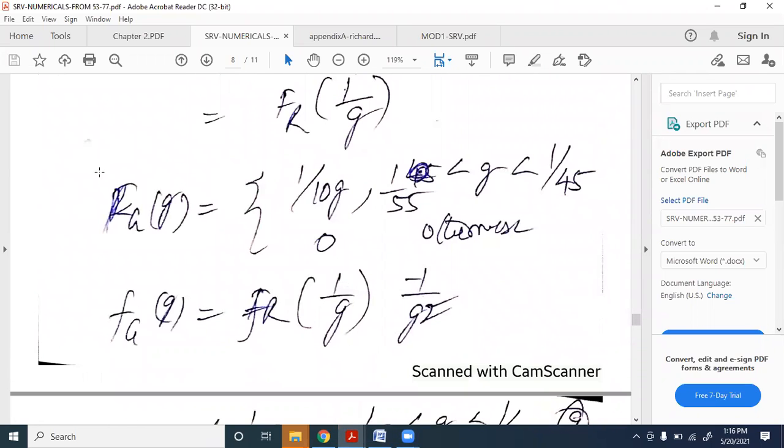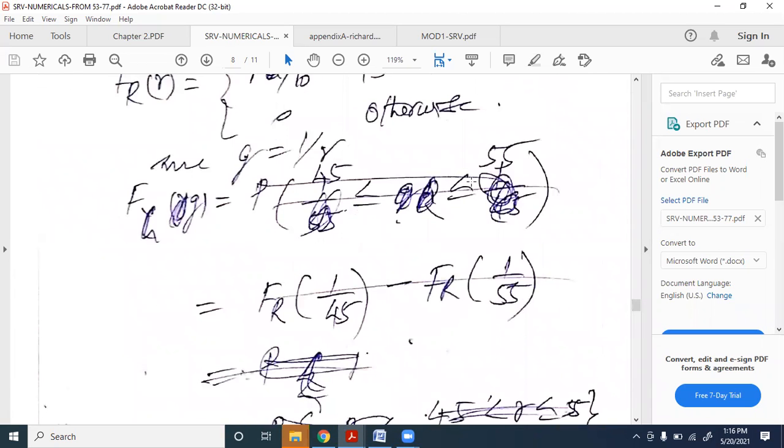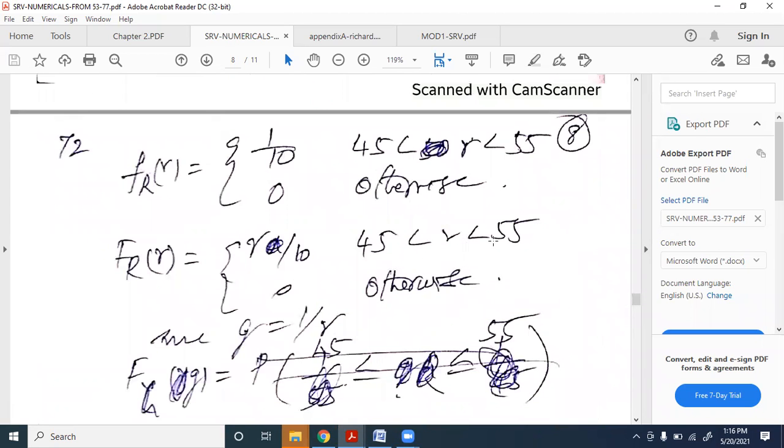Hence, we will get the cumulative distribution function for the conductance as 1 by 10G, and the range is going to change because now we have to write for G, not for R. So R is between 45 and 55, so G will be between 1 by 45 and 1 by 55.